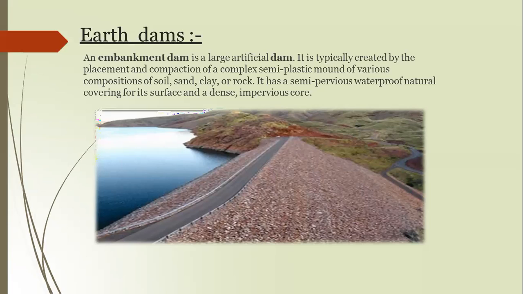So it has a semi-pervious waterproof natural covering for its surface and a dense impervious core. The core is impervious to prevent the seepage, but your embankment is semi-pervious. So it allows some seepage because you cannot prevent the overall seepage completely.